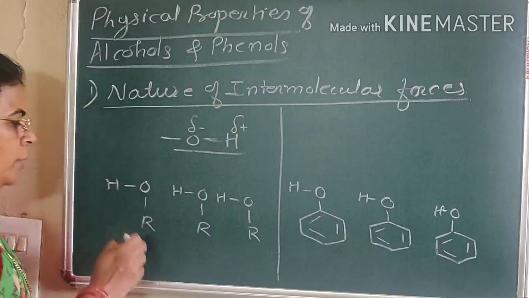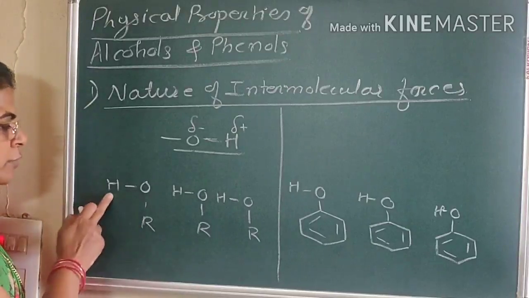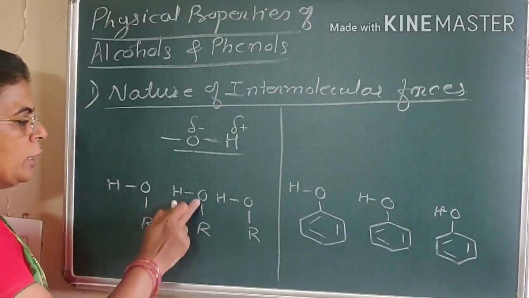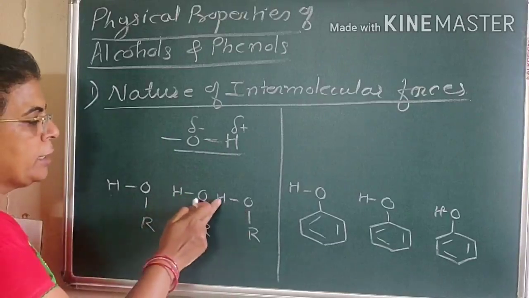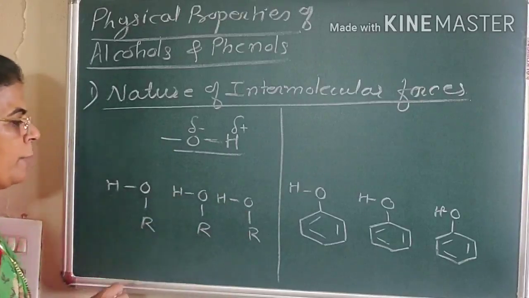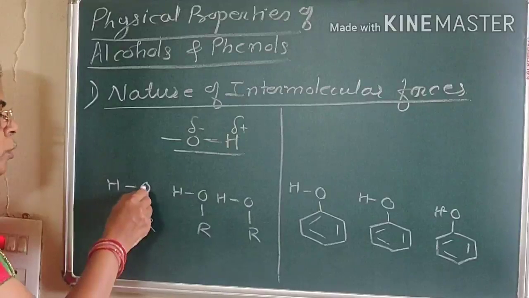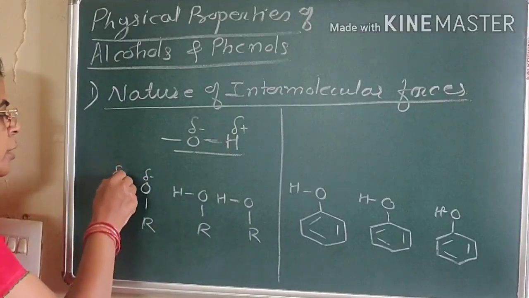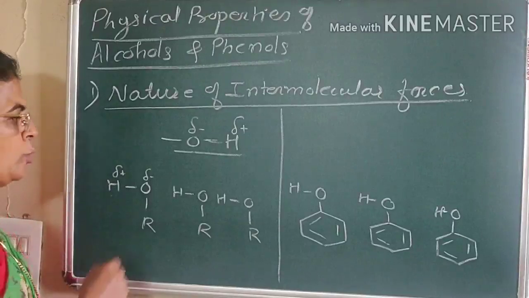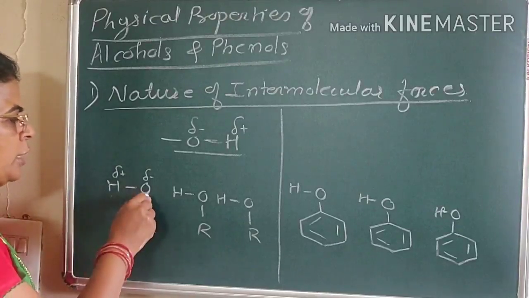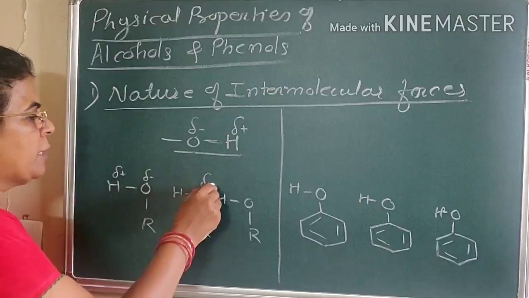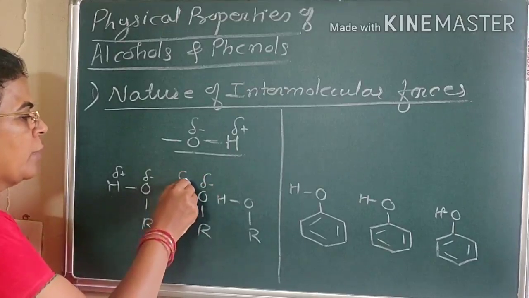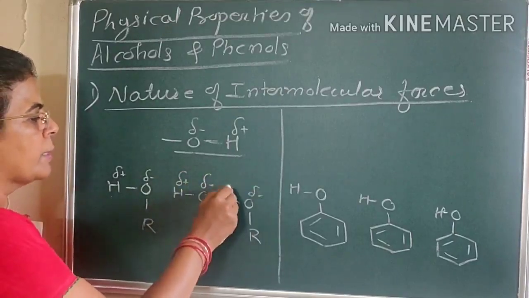Now if we consider this is ROH, the first alcohol molecule, this is the second alcohol molecule, and this is the third alcohol molecule. The oxygen atom is more electronegative, and the hydrogen atom is more electropositive. That is, it is positively charged and it is negatively charged. Same case in this compound, and here also the same.